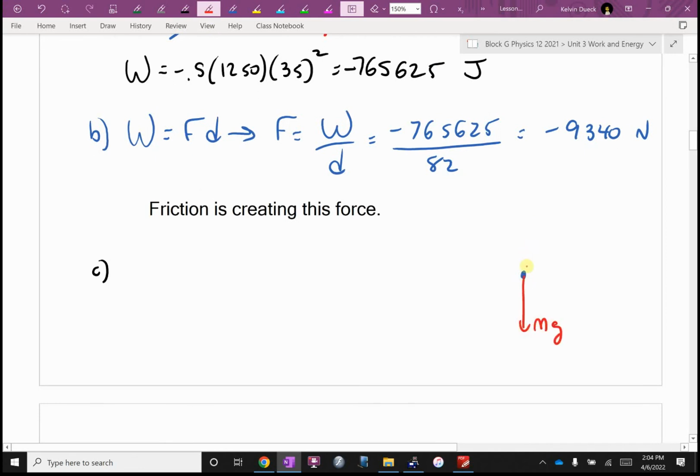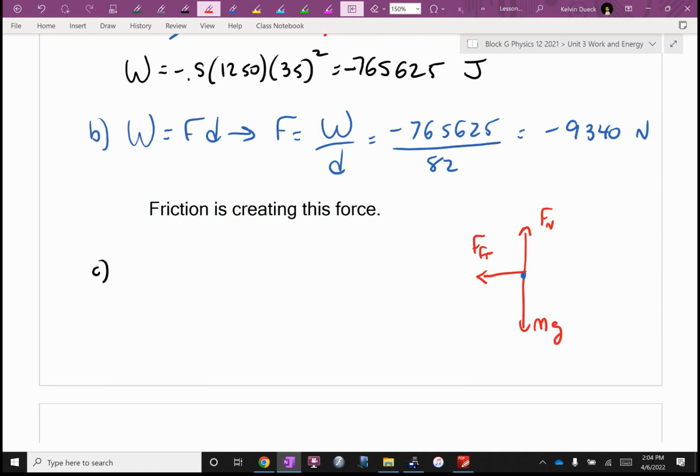Let's pretend the car is moving to the right. What else? Don't I have to have something pointing to the right if the car is moving forwards?